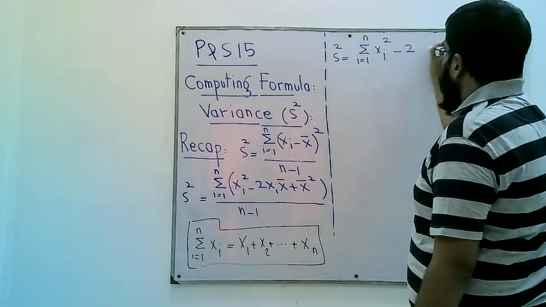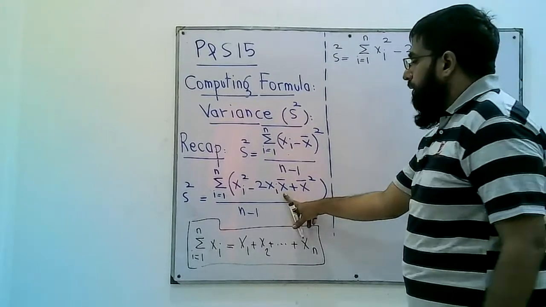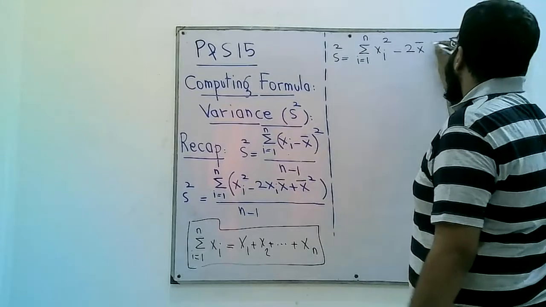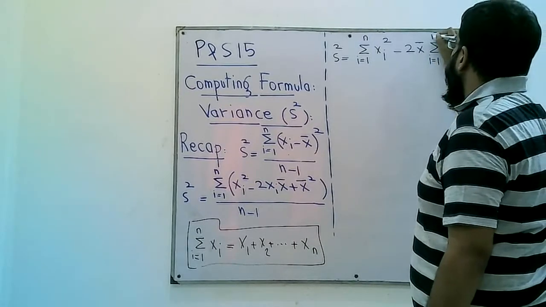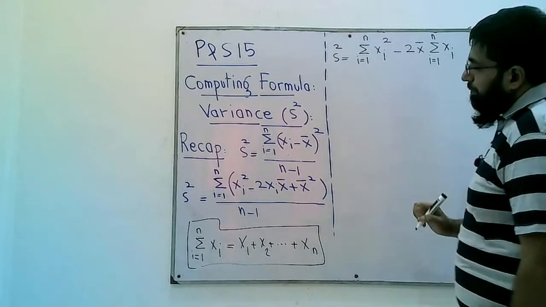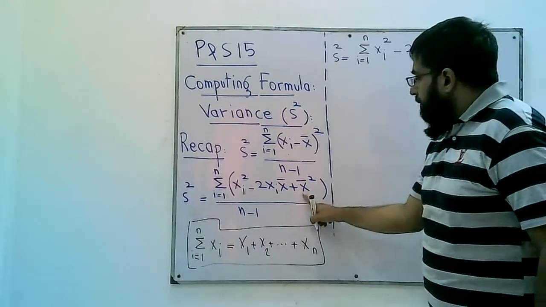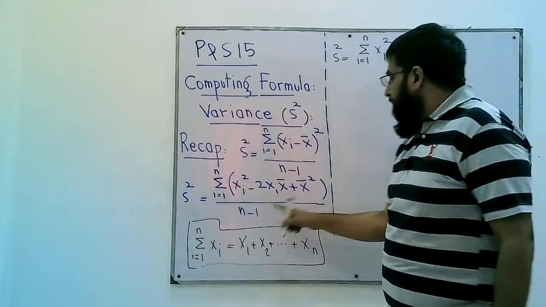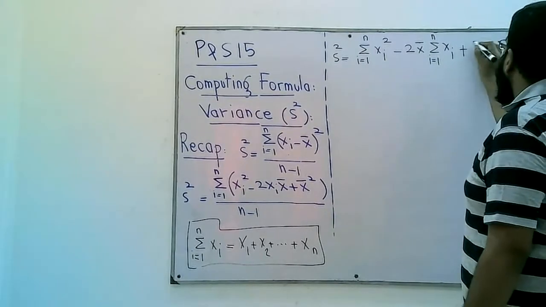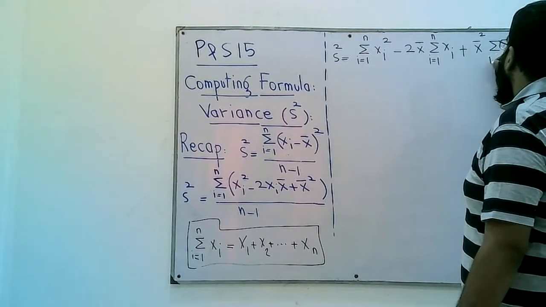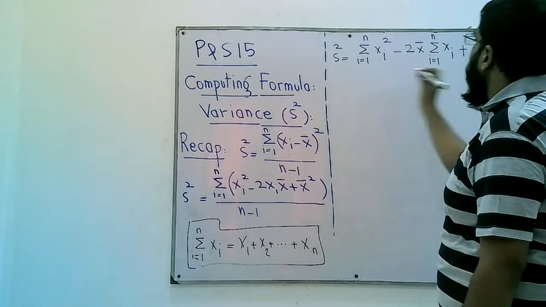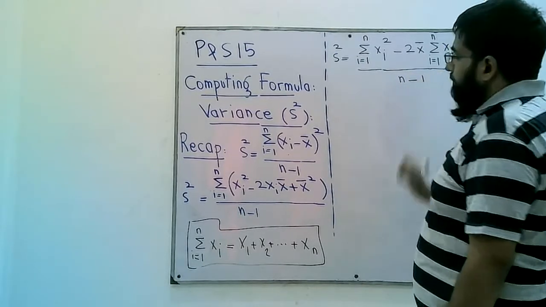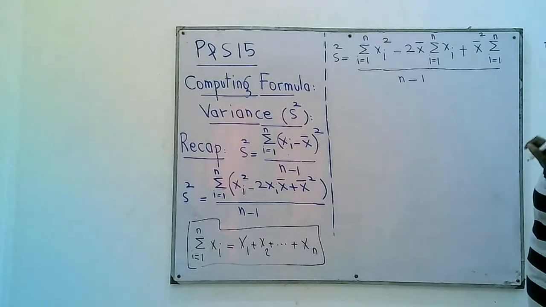Since x bar is a constant, not a function of i, we can write it outside, and 2 is also a constant, so we apply the summation to xi. Then x bar squared is not dependent on i, it's a constant, therefore we write it outside: x bar squared times the summation over i from 1 to n, divided by n minus 1.